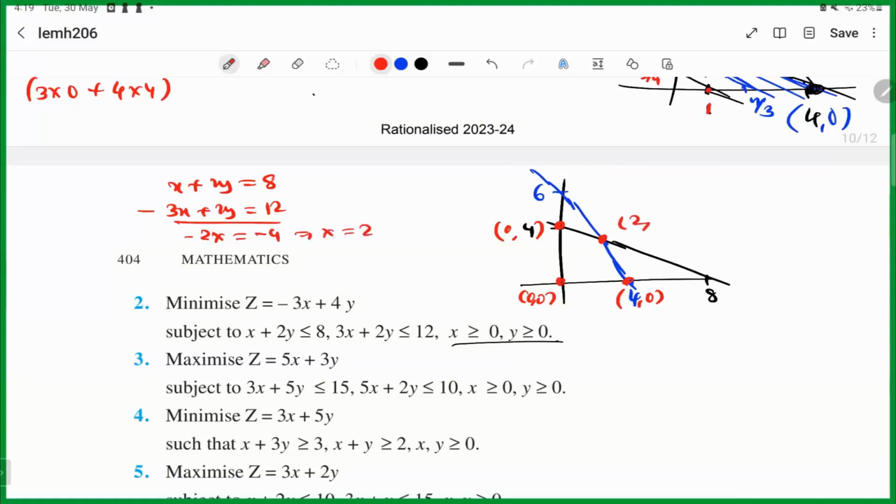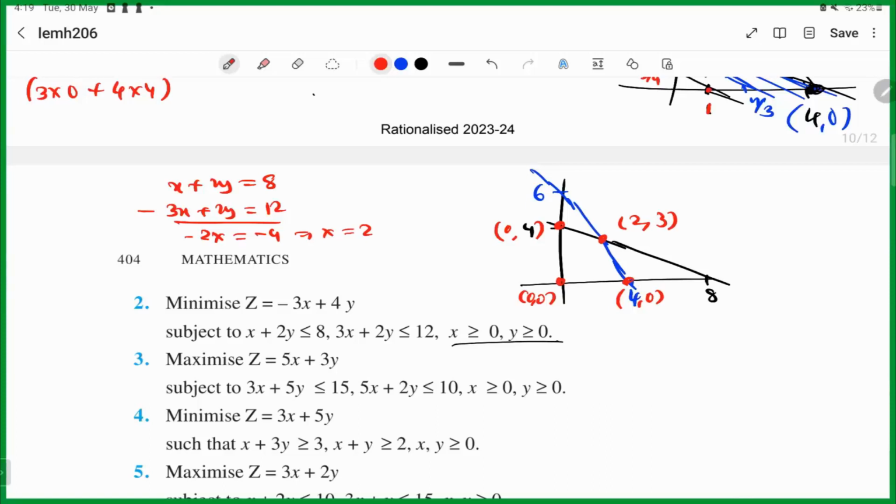Then 2 comma, x plus 2y should be 8, so y is 3, right? Basically, it's solving for the intersection of the two line equations. It should not be very hard. It is basically just subtracting the equations, eliminating y, and then solving for x. Then you can substitute the value of x back in to calculate the value of y. So we have these 4 points.